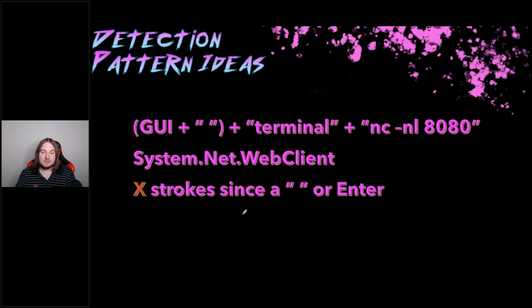Looking for things like System.Net.WebClient, which is very commonly found in PowerShell payloads, can be huge. And then looking for X keystrokes or key presses since a space or an enter. You're like, well, what are we looking for there? We're looking for base64 encoded payloads. A lot of malware that I've seen uses base64 encoding to get around basic detection.